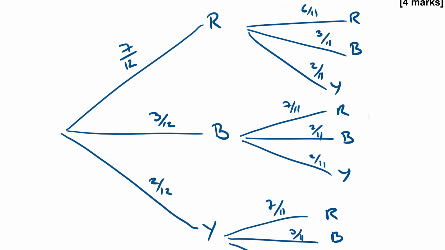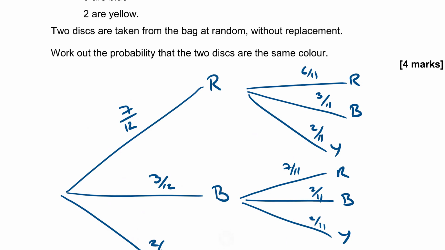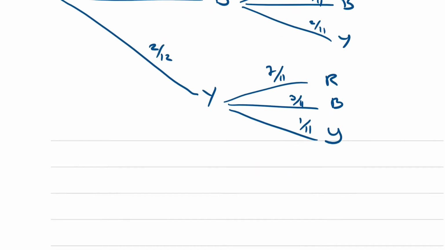Okay, so adding all our probabilities on, it's now a matter of working out what all those values are going to be. So we're looking for the probability that the 2 disks taken out of the bag are the same color.